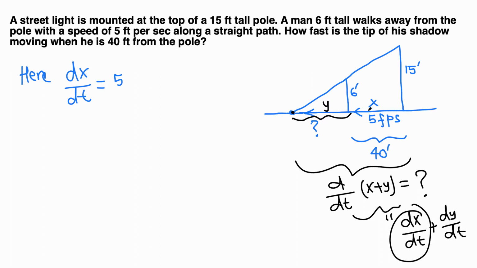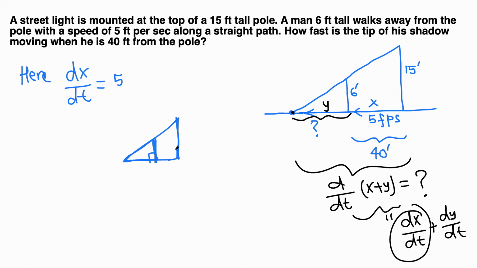Now somehow we need to find the relationship between 15, 6, x and y. So if we look closely, here is a big triangle, and here is another small triangle, and these are vertical lines.